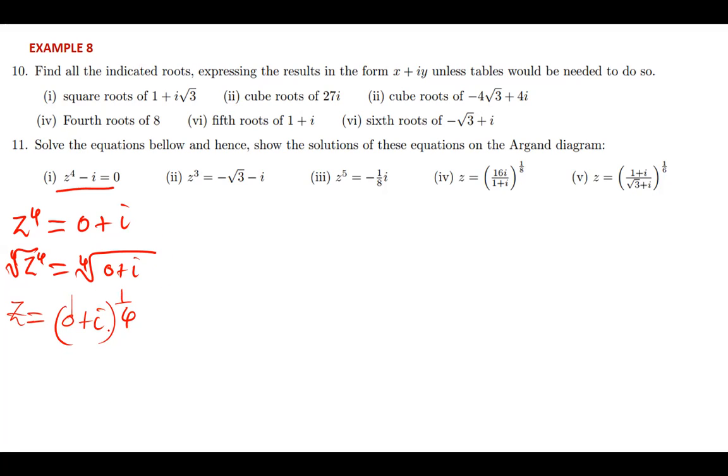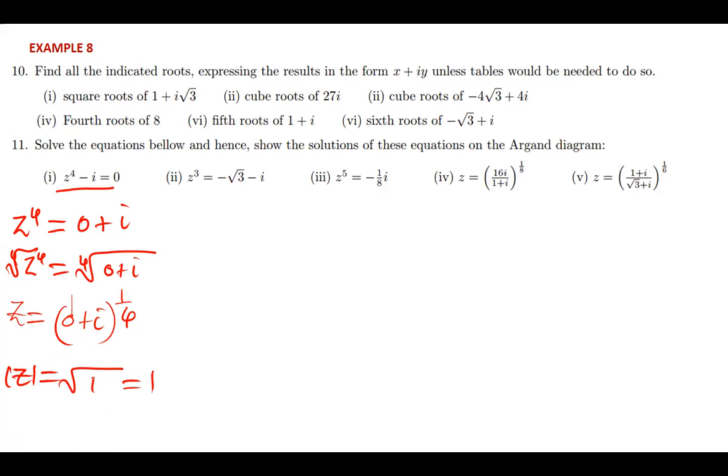So we convert this to polar form. When converting to polar form, we first find the absolute value, which is just the magnitude. The magnitude of z will be the square root of 1, which is just 1.